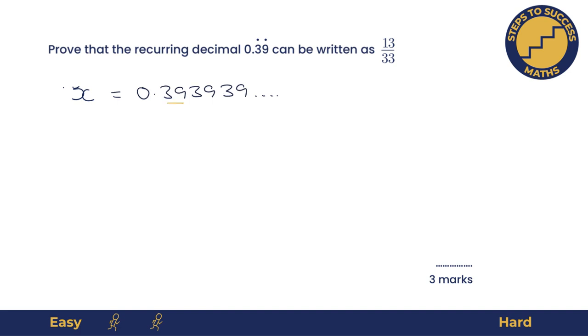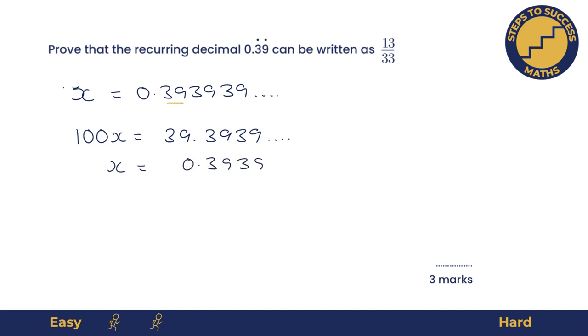So this time, instead of timesing by 10, because that would only give us 3.93, we're going to times by 100. So that's 39.393939, and that's 100x. We always times them by multiples of 10, never anything else.